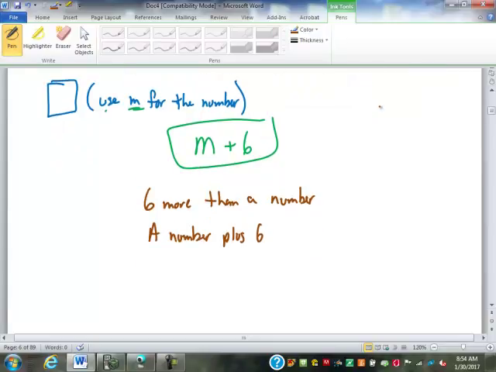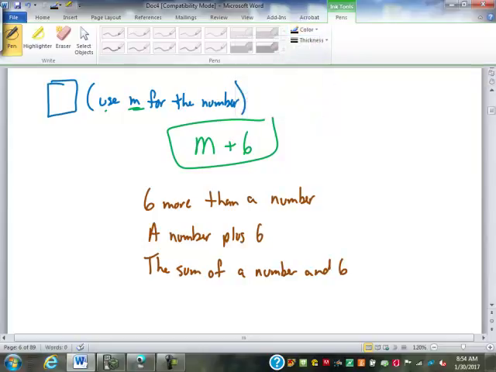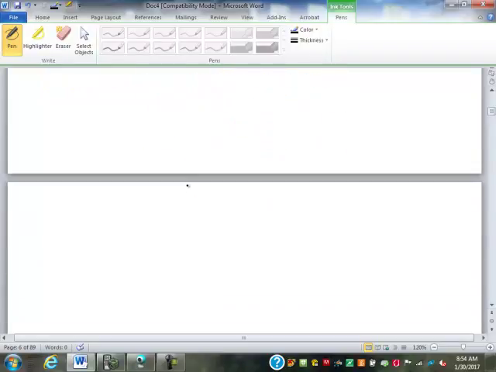The sum of a number and 6. 6 added to a number. There's all sorts of them out there that can indicate N plus 6 or M plus 6 or whatever variable you want to use.